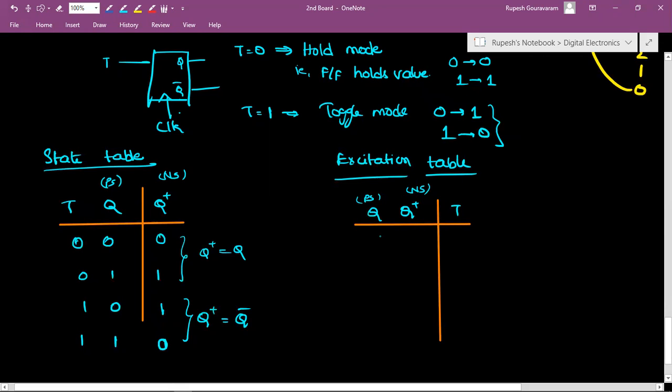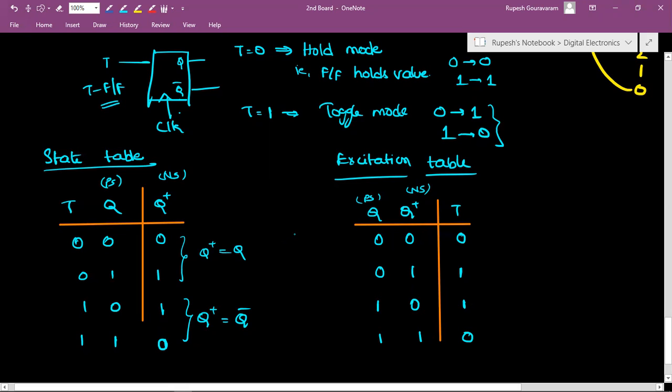So if it is 0 and next state can be 0, it is 0, next state can be 1, present state can be 1 and next state can be 0, and the last case. In these cases, if you take the present state and next state, if they are same, that is T is in hold mode, that is 0. So where it occurs 0 in the first and last case. If it toggles, it is known as 1. So these are the state table and excitation table for which one? For a T flip-flop.